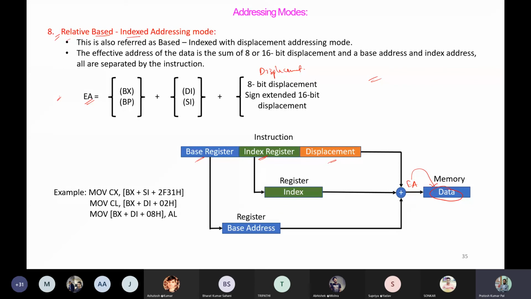In the next class, we will be seeing the memory organization. In memory organization, we will consider how memory is accessed from the memory locations of 8086, what different types of commands or control signals we should provide, and once we are able to access the data, how the instructions are executed in different bus cycles.